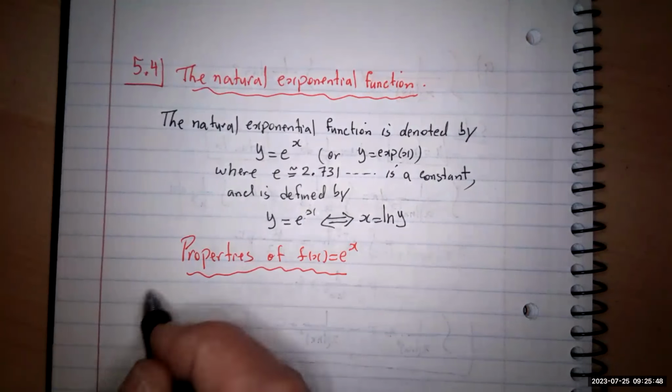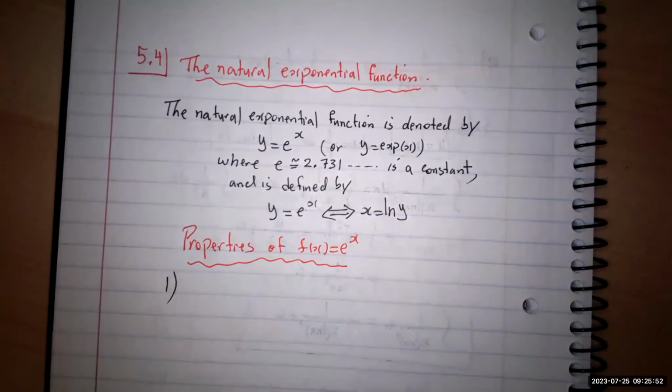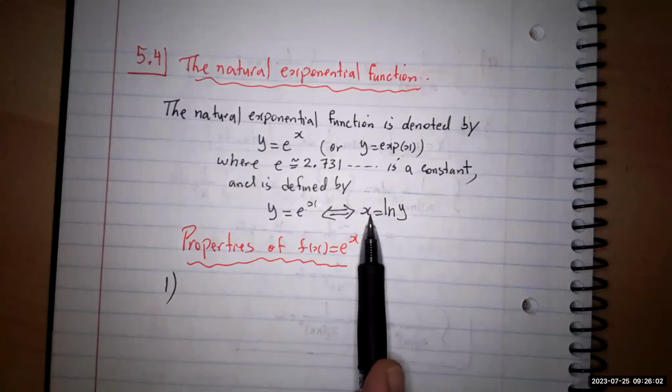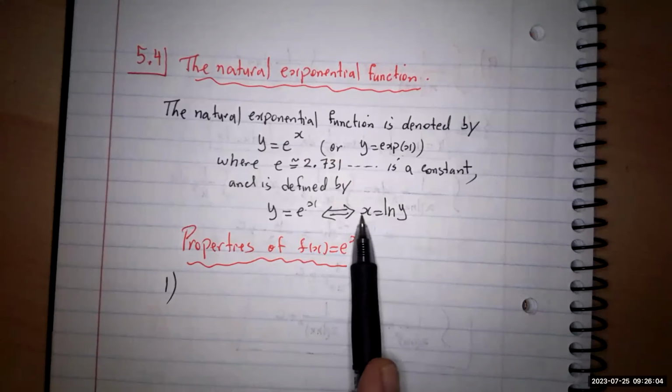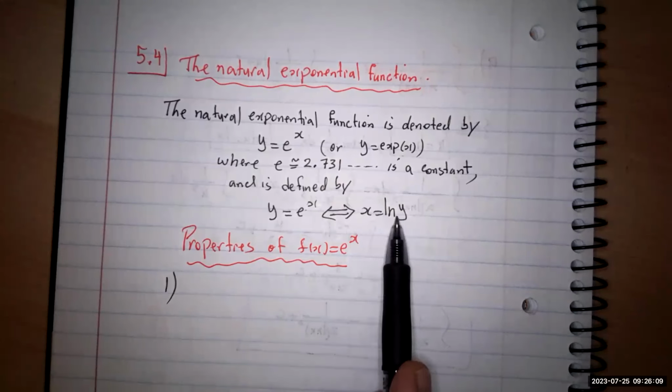Okay, the first one we're going to be interested in is domain and range. Domain is the possibility for x. So you just look at where x is coming from. x is coming from the range of the ln function. We talked about the range of the ln being all real numbers.